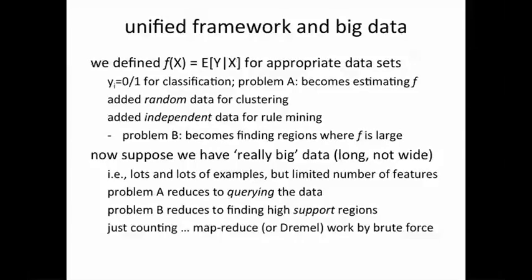The important point is such techniques, where we simply query the data or find high support regions, not maybe in the original data but in some slightly modified data where we filter it by high f, are in the end just counting. So techniques like MapReduce, or on very large data sets Dremel for querying, work by brute force.